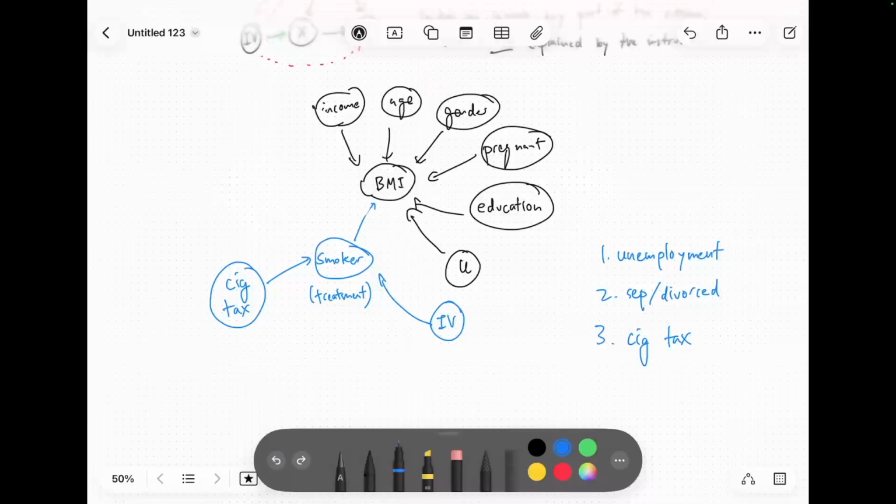so let me just clarify this, right? The plausibility of the instrument is related to how it relates to other variables. And so if we say that there's no relation, then it's potentially a plausible instrument. The strength of an instrument is related to this effect here.